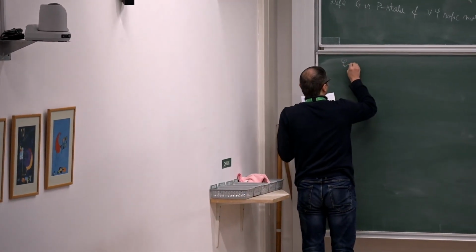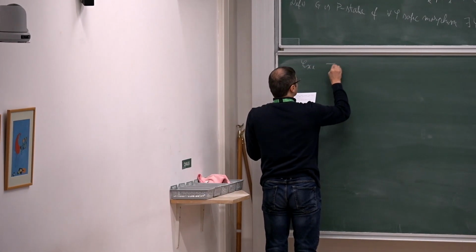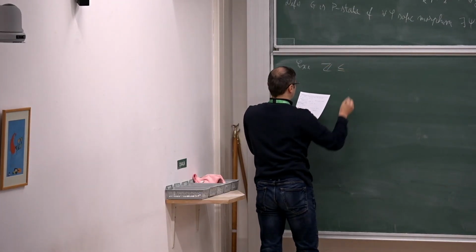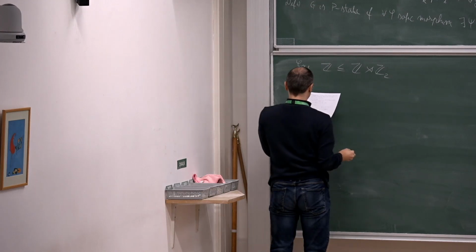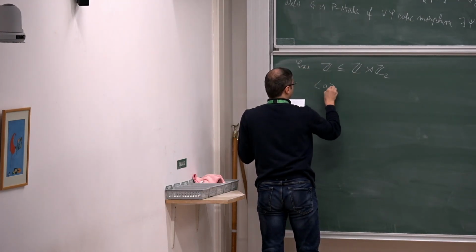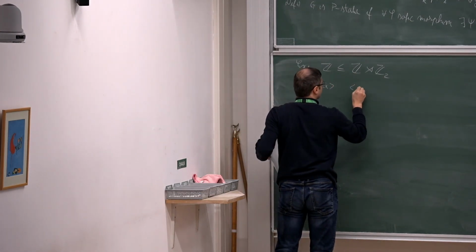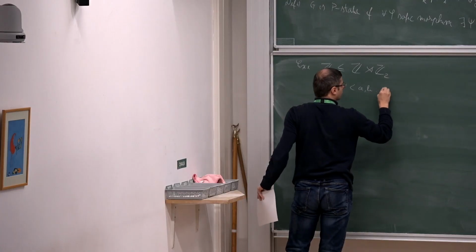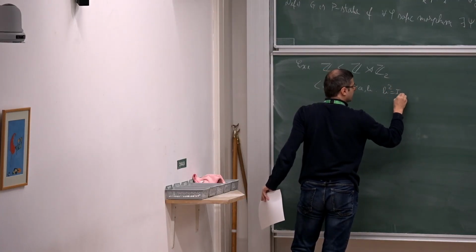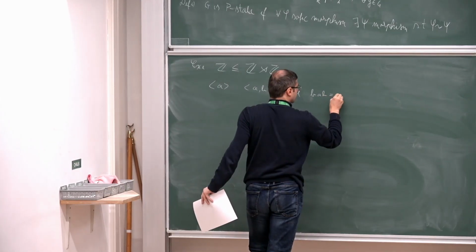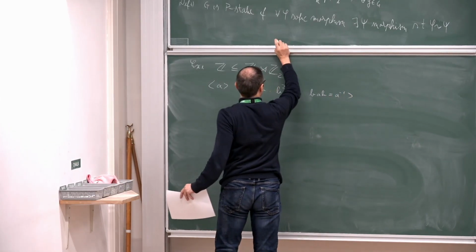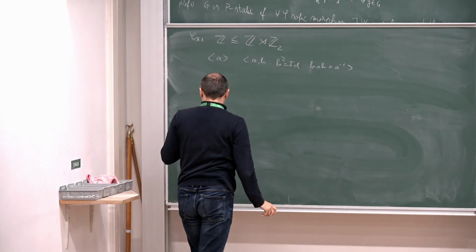So the example that I want to talk about is the integers, as a subgroup of Z acted on by Z_2. So this will be generated by a, and this is generated by a and b with the equations b squared is identity, and b a b is a^-1.